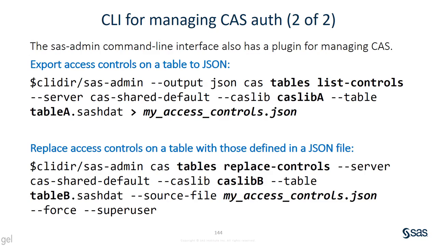What that will do is export them out to a JSON file, and then you can take it over to another system and import them and apply the same access controls on another system. You can take the JSON file and edit it and build out your permissions in the JSON file, and then reapply the JSON file to your system. So a way to export and import permissions for CAS libs. That's pretty powerful.